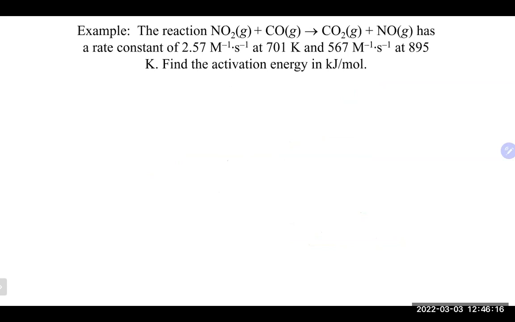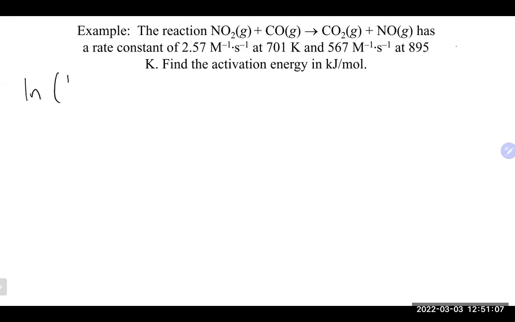So why don't we try it and see how our math does? We have a rate constant of 2.57 at 701 Kelvin, and 567 at 895. What is the activation energy? Okay, let's take a look here. We've got a couple of points, so we could use the non-graphical version.